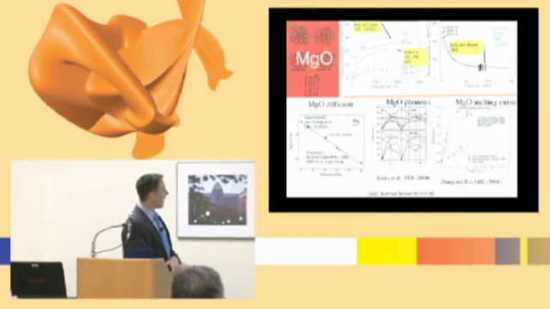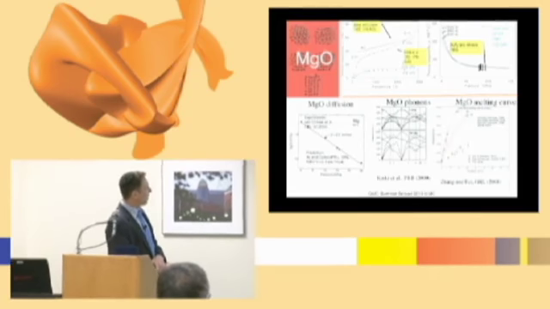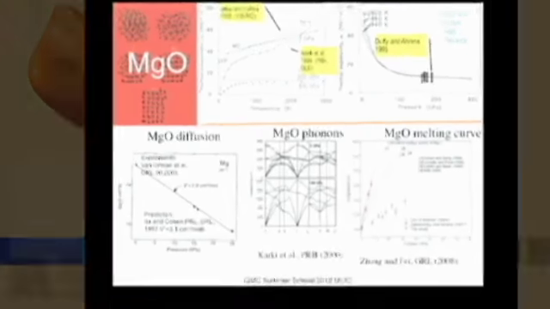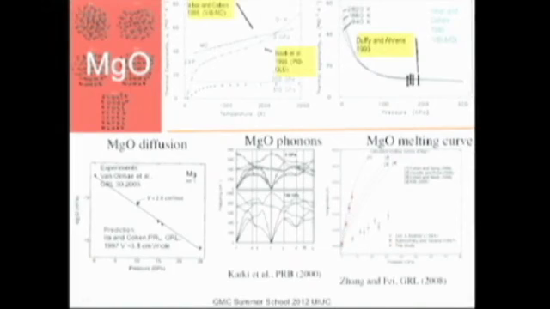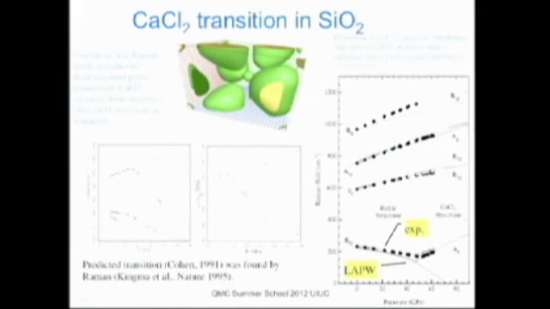If we look at something like diffusion, this was again an area where it wasn't clear that experiments would even be possible to look at diffusion under high pressure in magnesium oxide, but the predictions were really in perfect agreement with later experiments that were done. So you see it's a predictive model. It doesn't just allow us to understand or explain experimental results, but even make quantitative predictions.